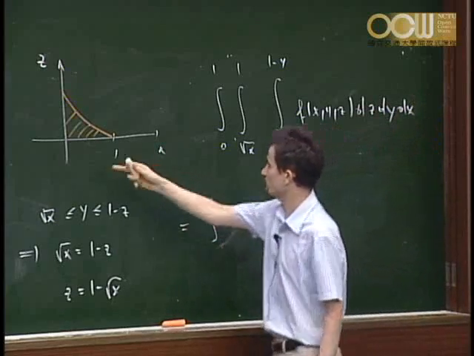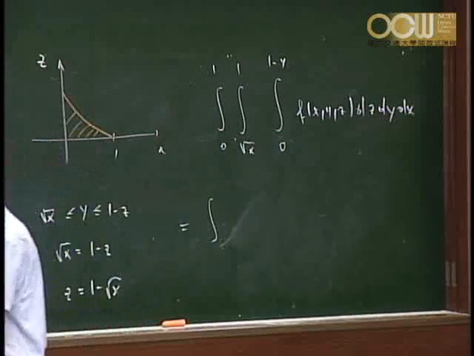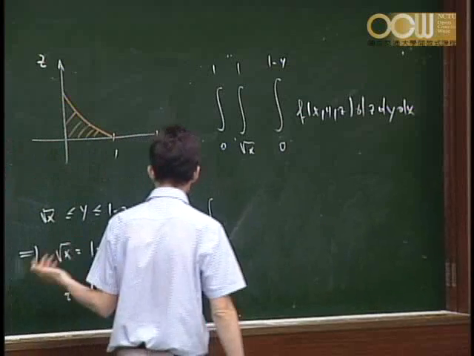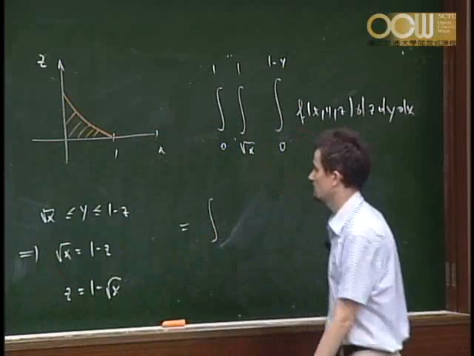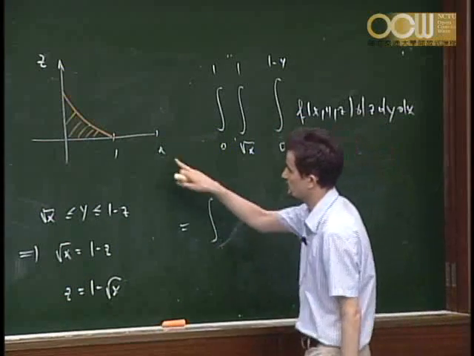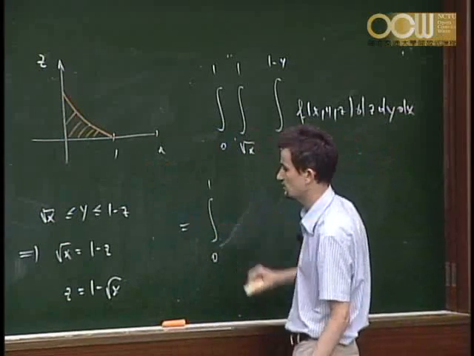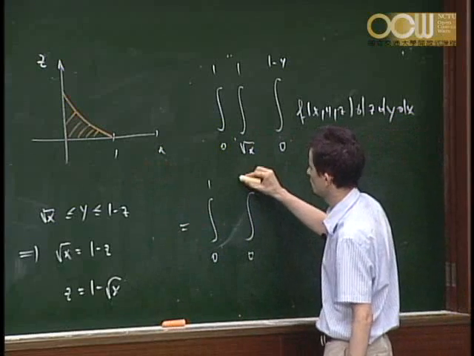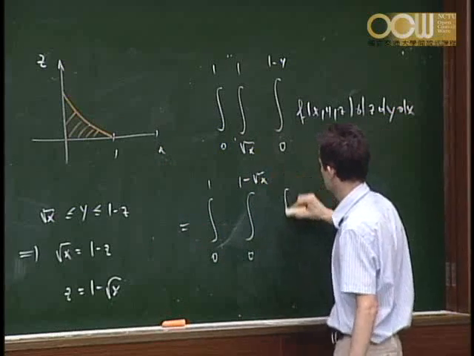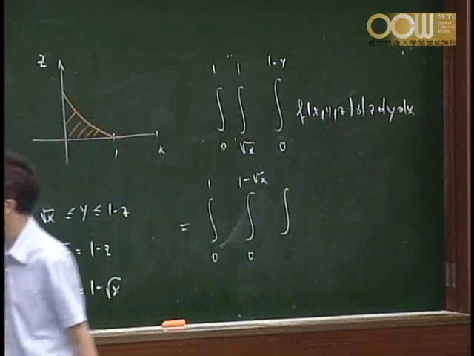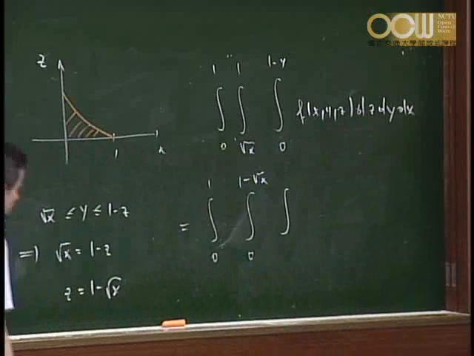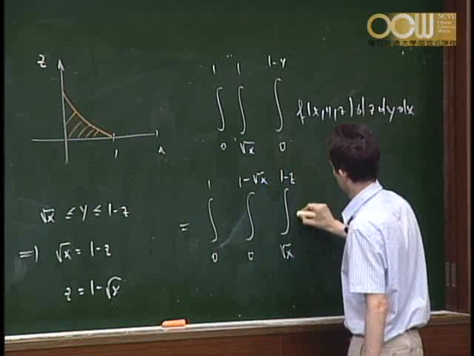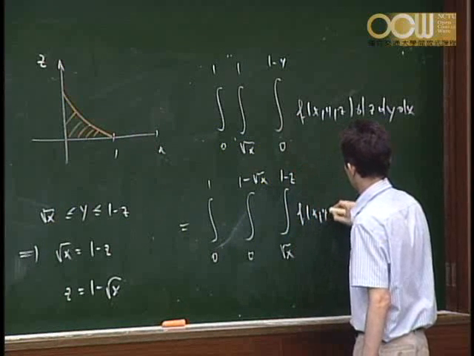Because I just said the last one should be with respect to y, it doesn't matter which one is the first one. So let's say the one with respect to x is the first one. So x from 0 to 1, then z goes from 0 to 1 minus square root of x, and the last one, y, goes from square root of x to 1 minus z, of f of x, y, z.